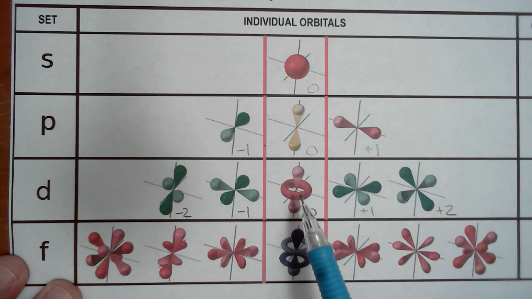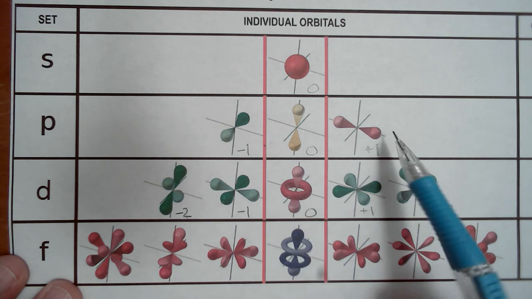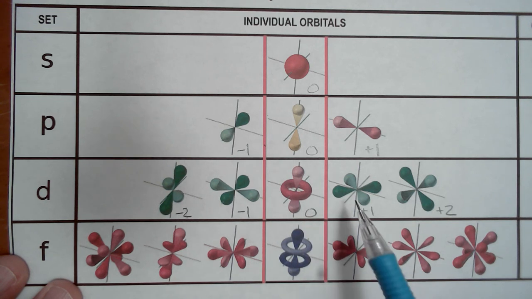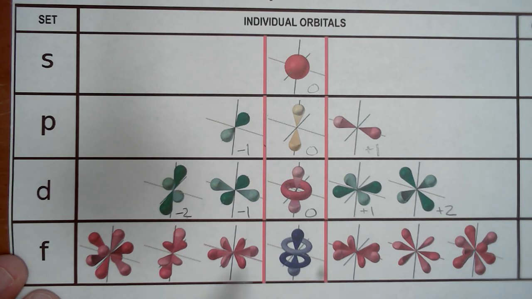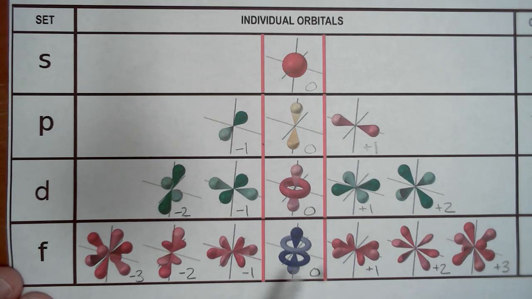So we have a sphere, dumbbells, clovers for the D, and then F's are kind of strange. There's quite a bit of them, so remember, -3, -2, -1, 0, +1, +2, and a +3. And that's 1, 2, 3, 4, 5, 6, 7 orbitals.